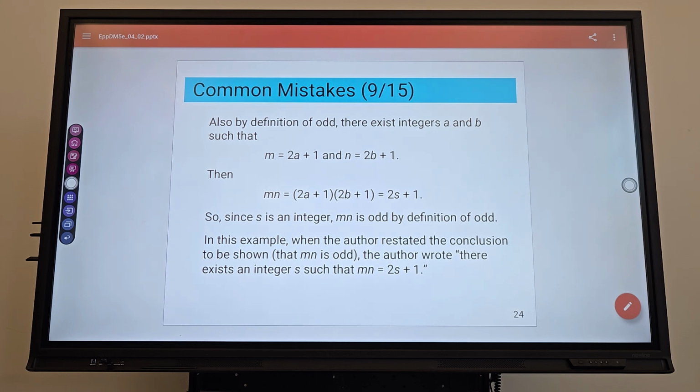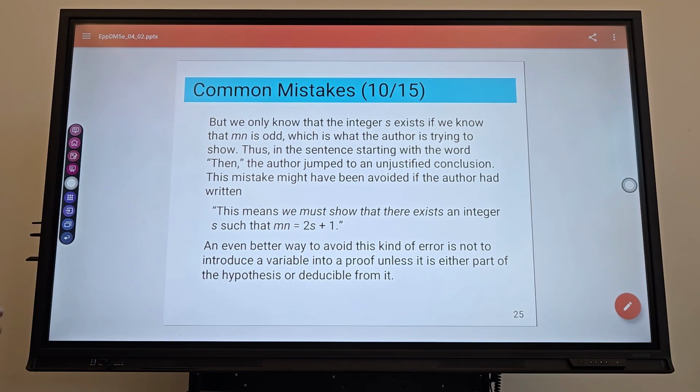In this example, when the author restated the conclusion to be shown, that mn is odd, the author wrote, there exists an integer s such that mn equals 2s plus 1. But we only know that the integer s exists if we know that mn is odd, which is what the author is trying to show. Thus, in the sentence starting with the word then, the author jumped to an unjustified conclusion.